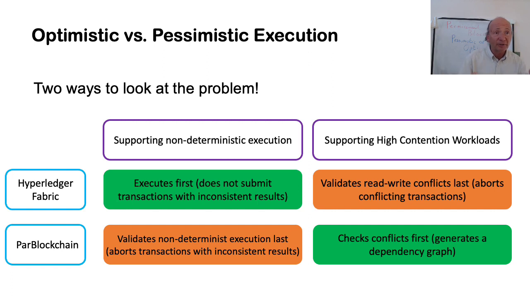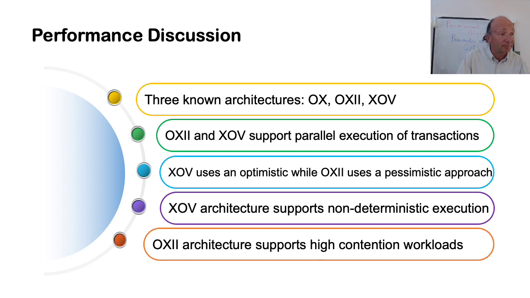So this dichotomy is very interesting and reminiscent of things we've seen before. So in general, we have 3 different known architectures. At a high level, it's order-execute, or execute-order. When you execute-order, you need to verify at the end.